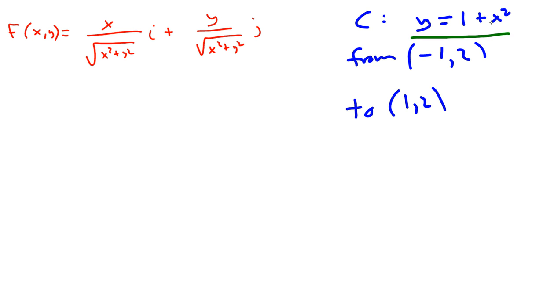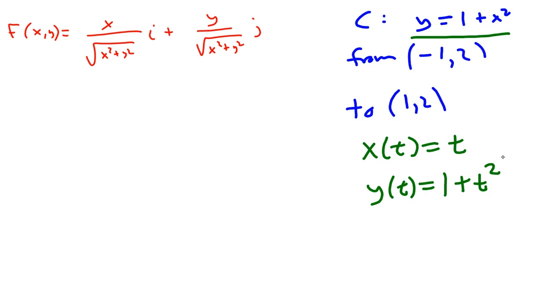So here you have y equals 1 plus x squared. Parameterizing this is nice and easy. x of t, you just make it equal to t, and y of t is just equal to 1 plus t squared. It's easy to see that if t were substituted for x in this lower expression, you'd get back the equation y equals 1 plus x squared.